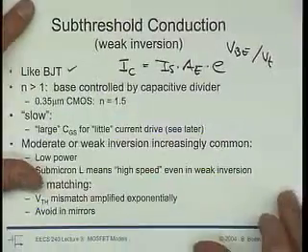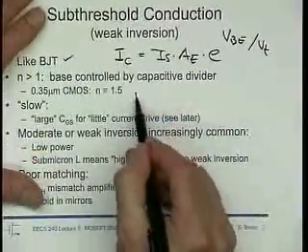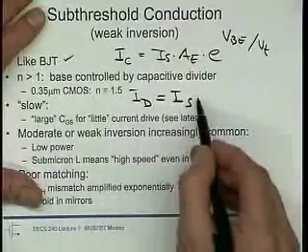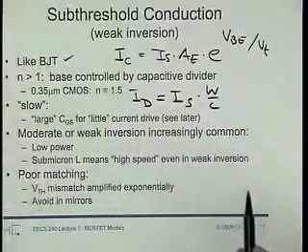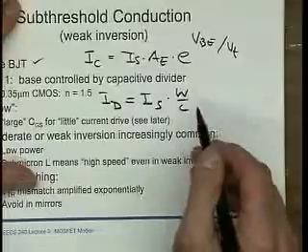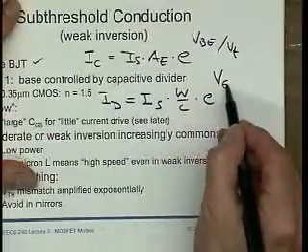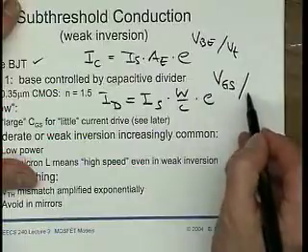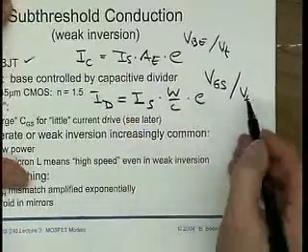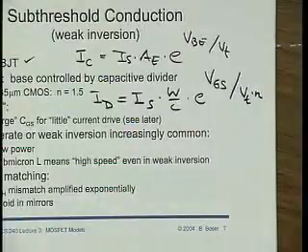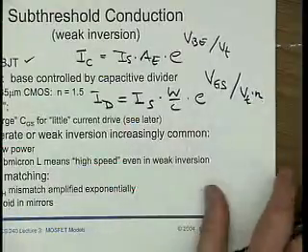The MOS has ID equal to some kind of IS times W over L times e to the VGS over n VT, and there is one additional thing here, a factor n. This n is always larger than 1.